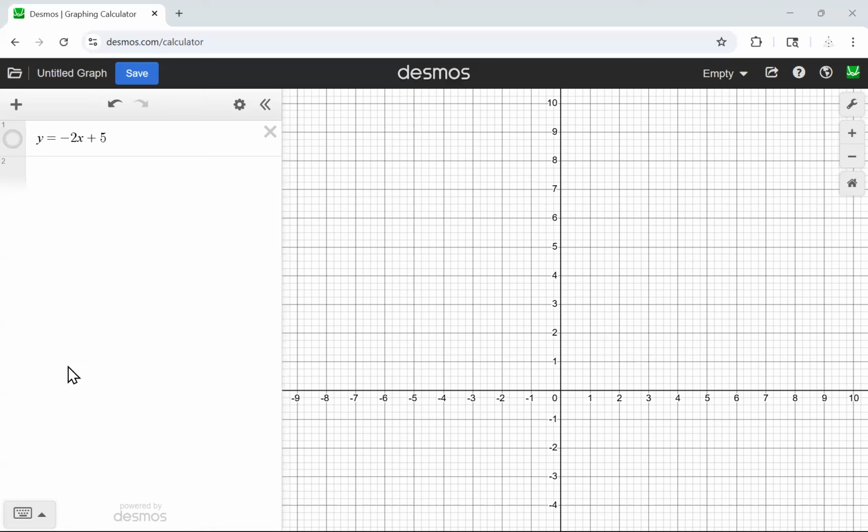Now, as always, you could have typed in y equals -2x plus 5 into either the TI-84 or into Desmos like this and graphed that same line.